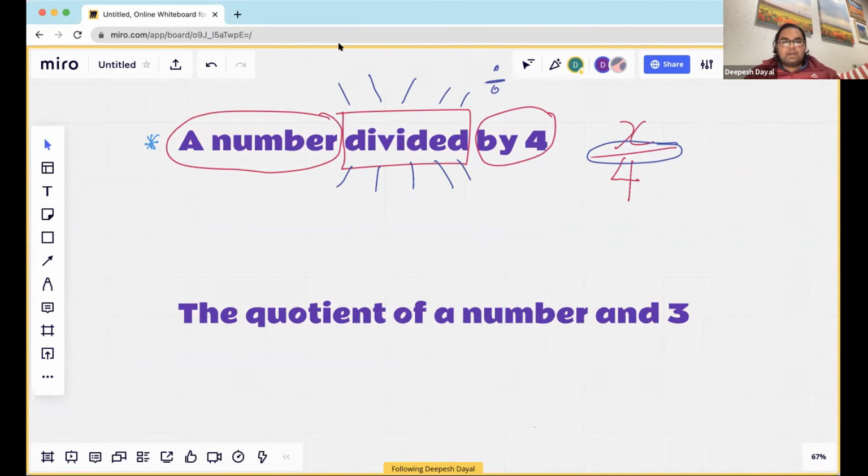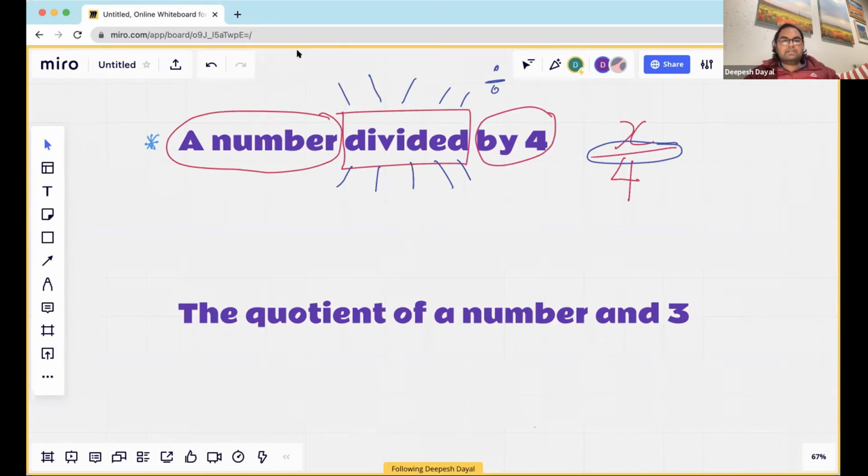A lot of people are saying x divided by 3. Everybody's saying x divided by 3. Somebody said x times 3. Who's that?